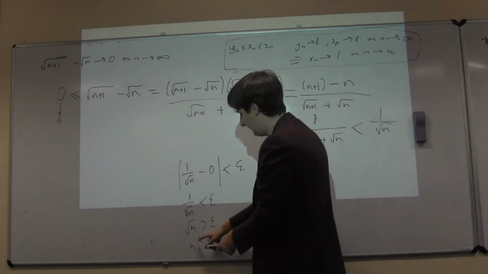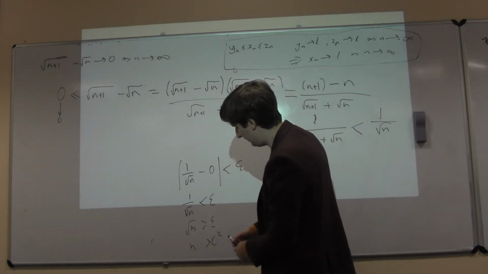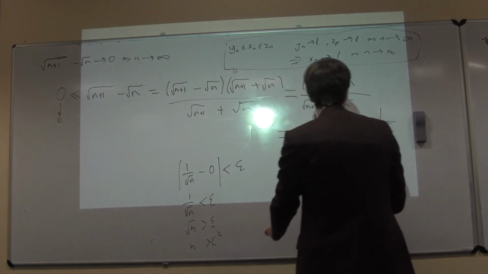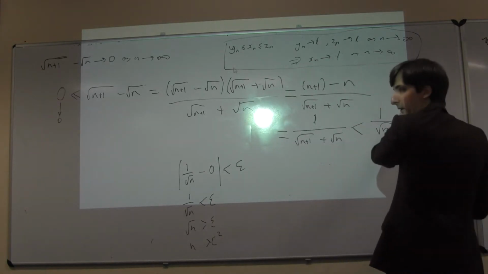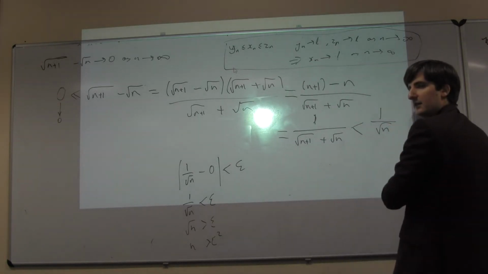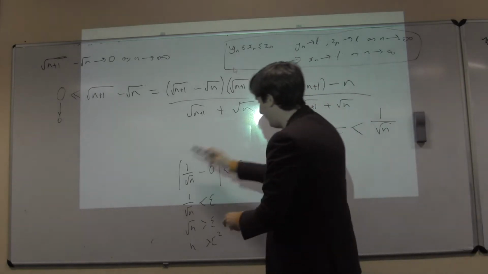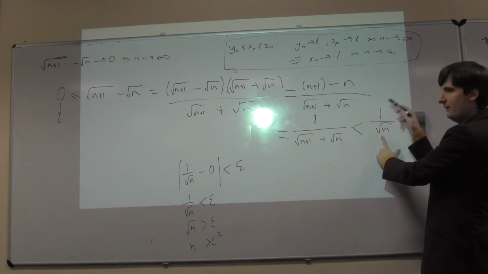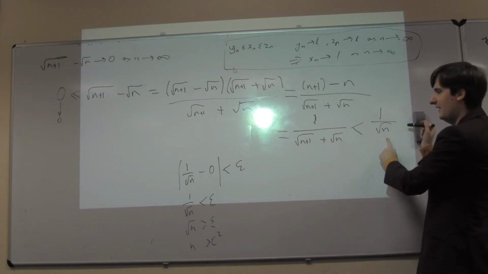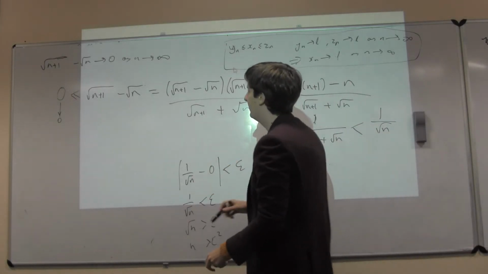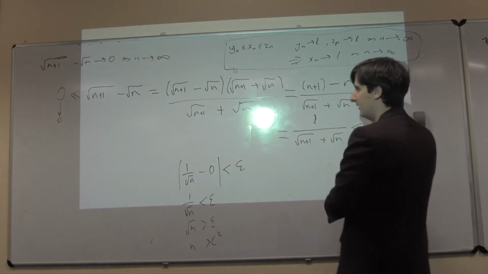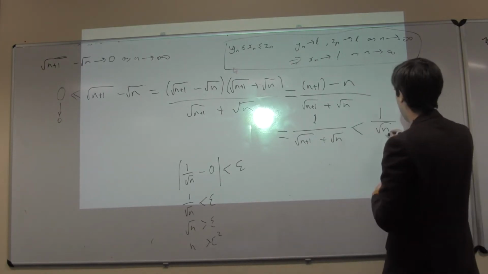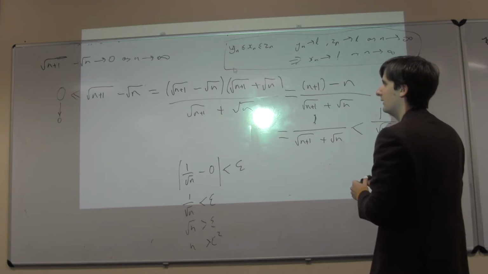As long as n is greater than that, this thing will be less than epsilon. So you can prove separately that this converges to naught. It's kind of obvious that 1 over root n converges to naught, so I don't think the question expected you to prove that.